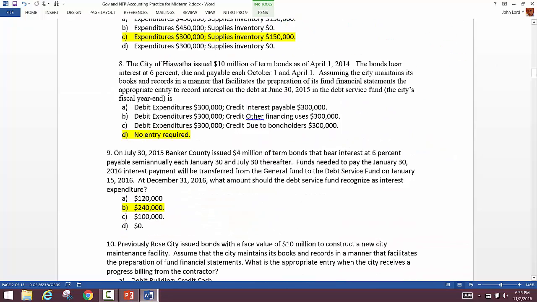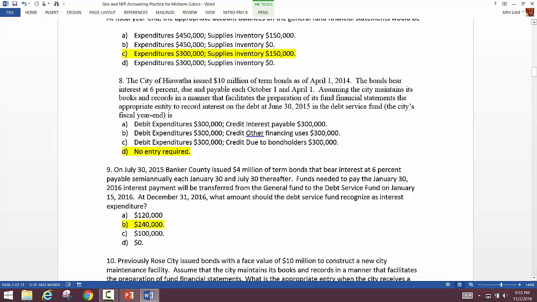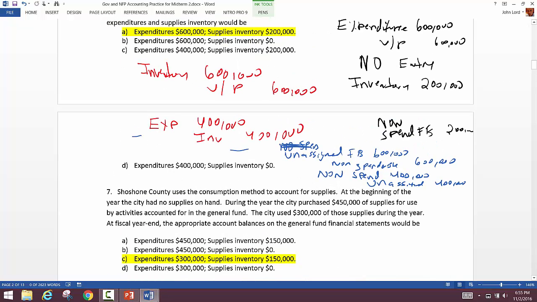Now you can look at number 7. Who wants to do 7? Purchase the supplies on the consumption method. Journal entry for the purchase of the supplies. Debit inventory for 450,000.